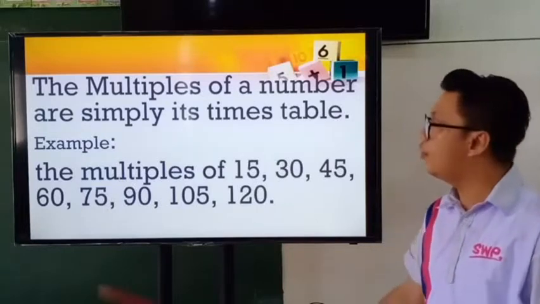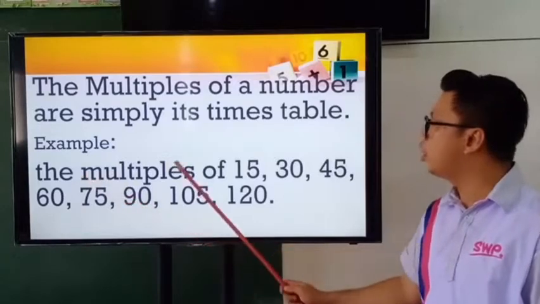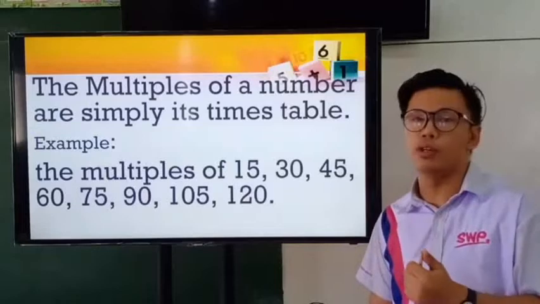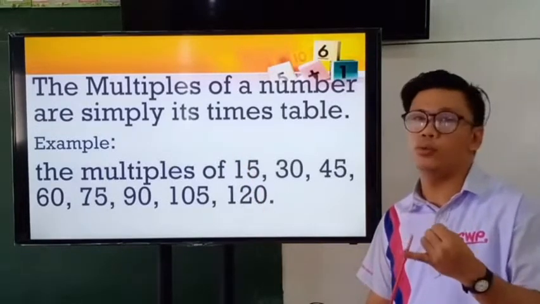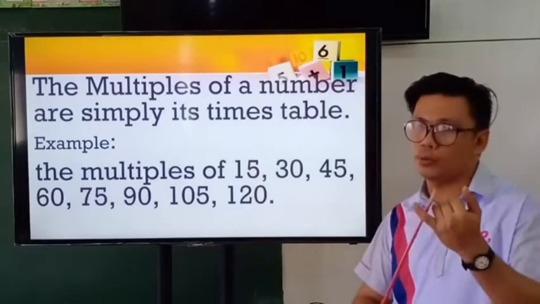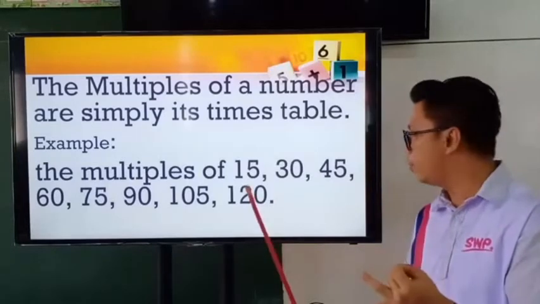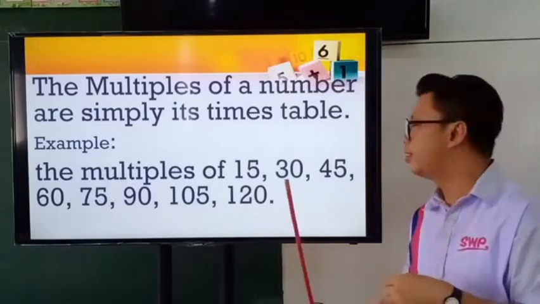Okay? So we have here the example, the multiples of 15. What are the multiples of 15? You will use the times table. We will start with 1. 15 times 1 is 15. 15 times 2 is 30.